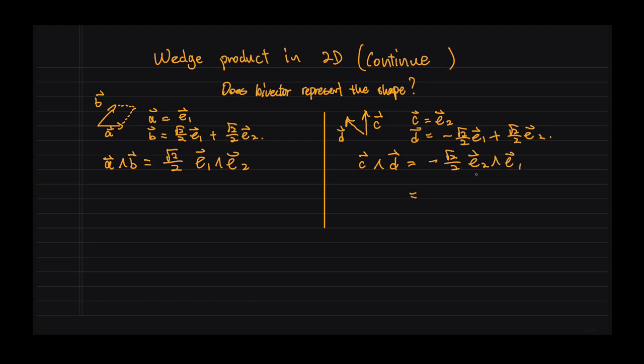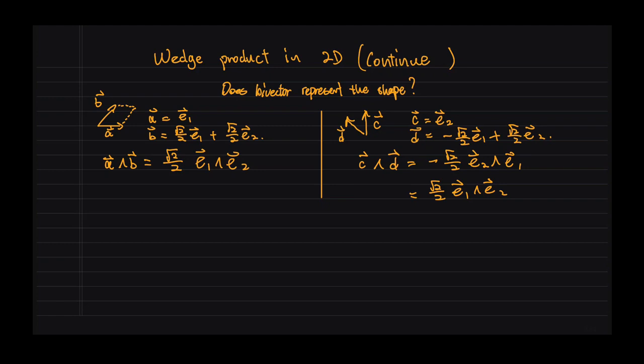Since we would like to express it in the same bivector basis, we use E1 wedge E2 instead, so we cancel the minus sign and get E1 wedge E2.